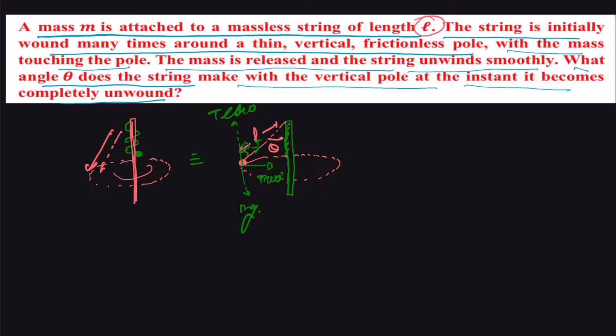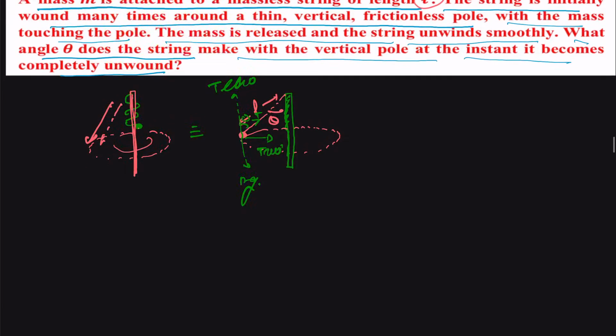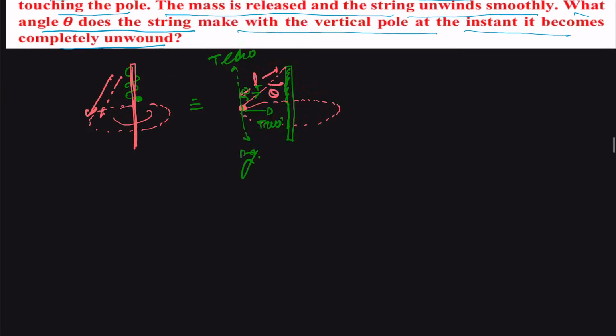And so we can use the conservation of energy. The change in the potential energy will be equivalent to the gain in the kinetic energy. So basically we start with the energy conservation.